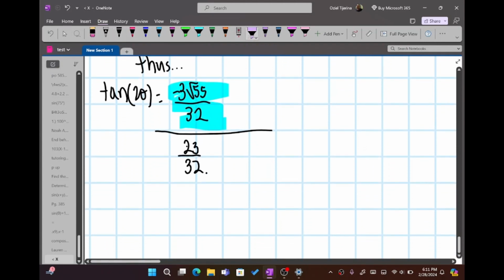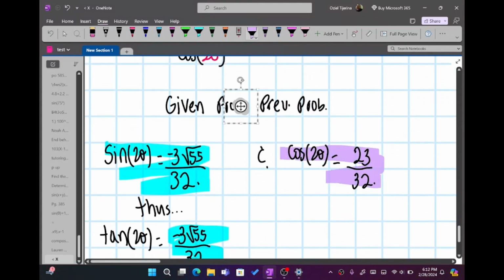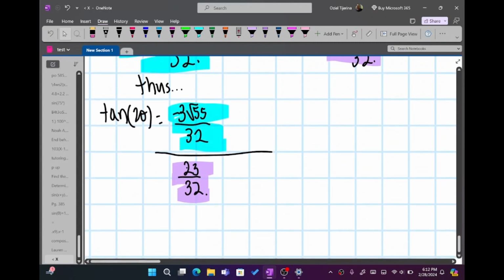Now let's do that dividing fractions again.